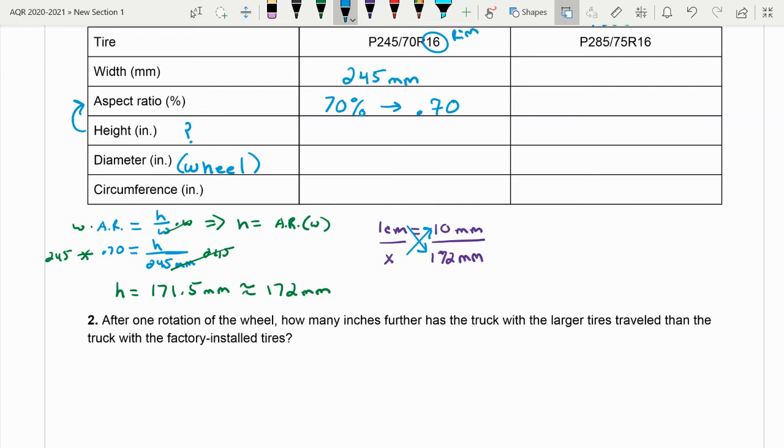And then we get 10x equals 172 millimeters, right? Then divide the 10 on both sides, and we're left with x equals 17.2, and now we're in centimeters.